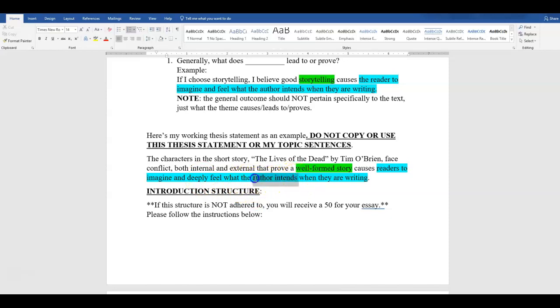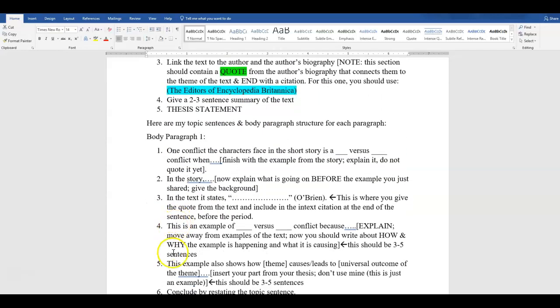That means I have to talk about what the author intends, what the author wanted the reader to feel and or imagine. Whatever you put in for the universal outcome has to be discussed in number 5.